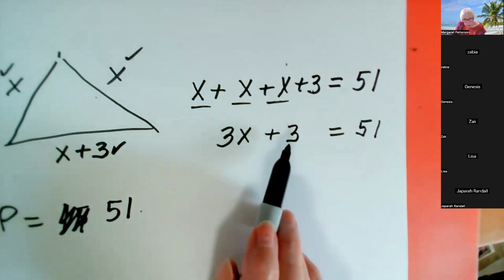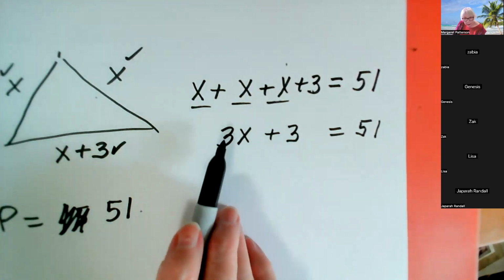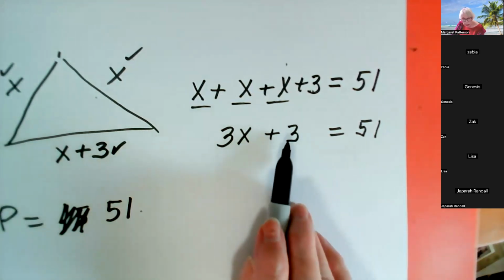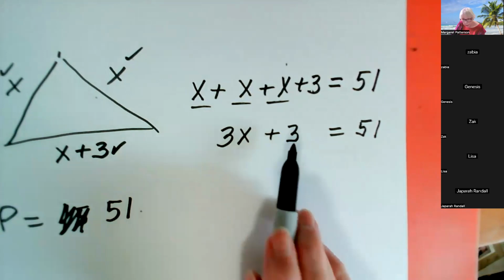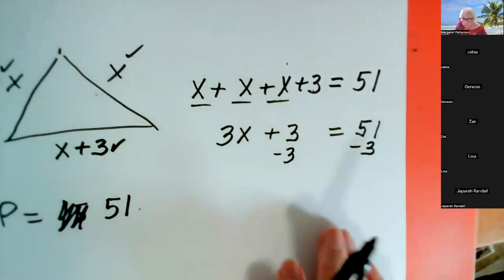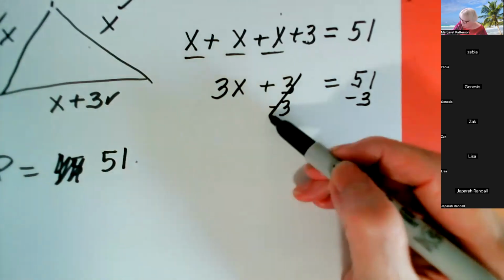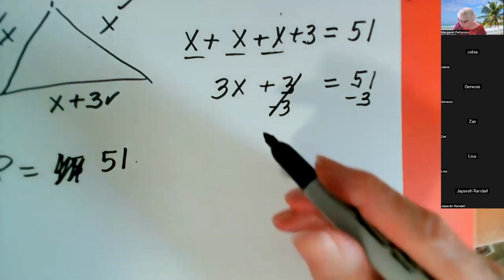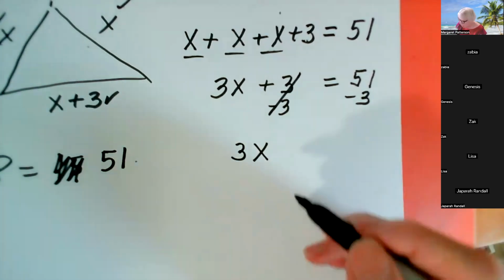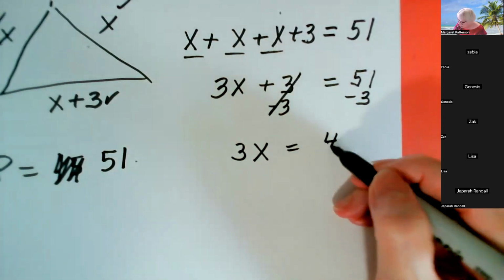Now we have a two-step problem. The 3 times x and the plus 3. This one has to go first. So I'm going to subtract 3 and subtract 3. The plus 3 minus 3 goes to 0, and we're left with 3x. And 51 take away 3 is 48.